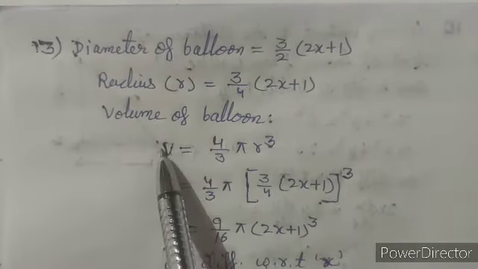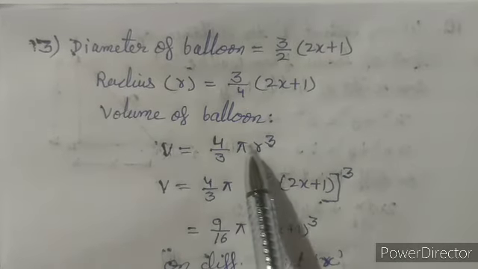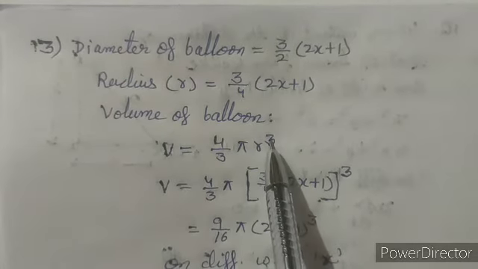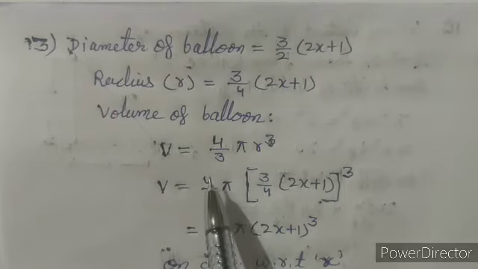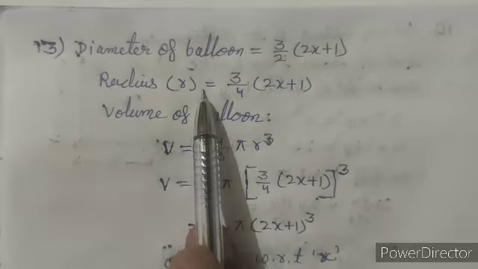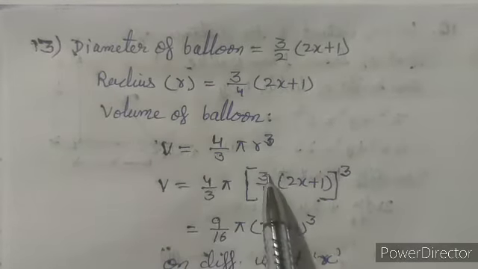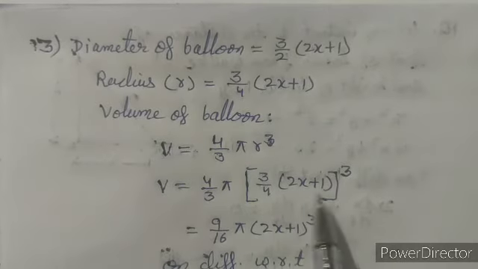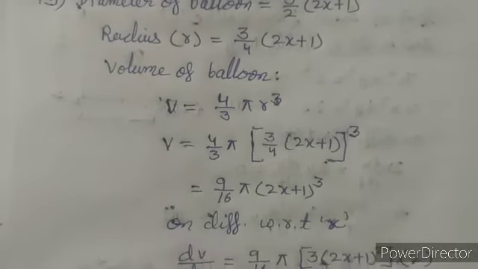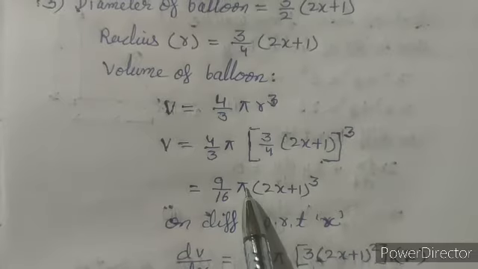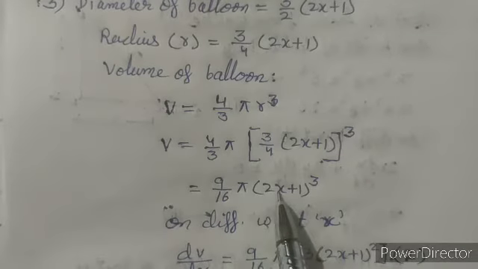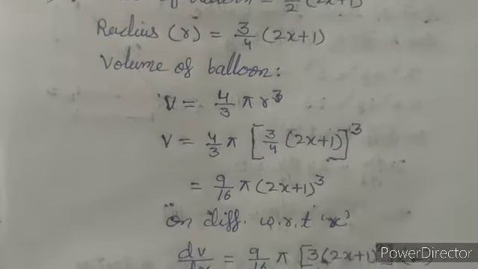Volume of the balloon V will be equal to 4 upon 3 pi r cube, because it is spherical in shape, and on putting the value of r, we will get 4 upon 3 pi into 3 by 4 into 2x plus 1 whole cube. Now this will give us 9 upon 16 into pi into 2x plus 1 whole cube.